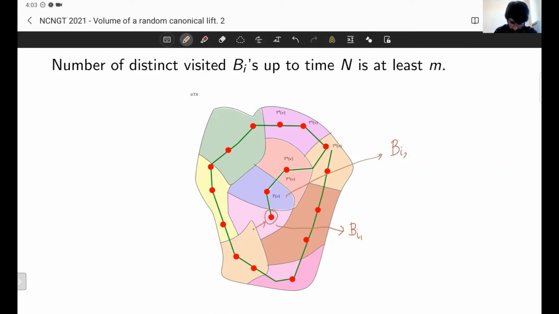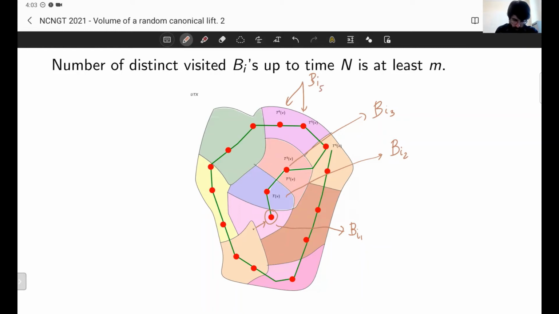Let's call it B_i sub 2. And we keep doing that, and at time T^2(v), we will end up in some other set B_i sub 3, and so on. If you notice, then T^4 and T^5 and T^6, they both happen to be in the same region, in the same B_i region. So these two are in the same set. Let's call it B_i sub 4 or B_i sub 5.